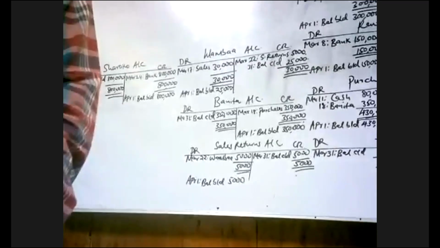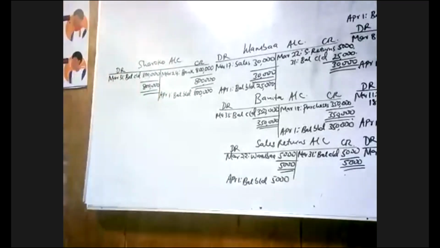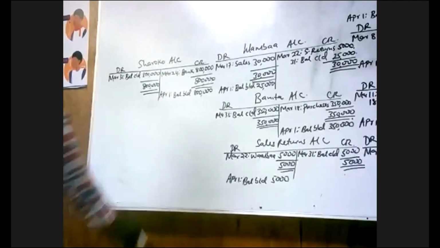The last thing we shall do is to extract a trial balance. This business of ours was referred to as what?